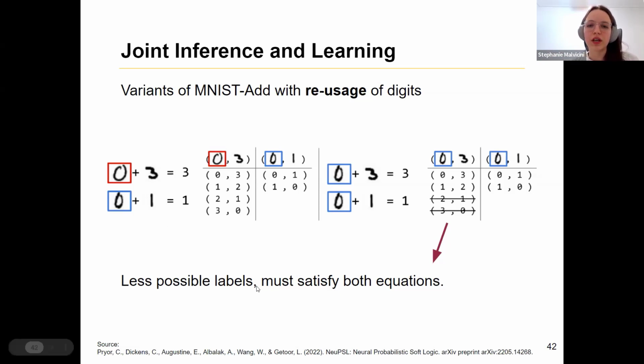For example, in the first part of the image, we have two different images for the digit 0. So here are all the possible labels for the output. But when we reuse the same image for the 0, since this image needs to satisfy both equations at the same time, the number of possible answers is reduced.